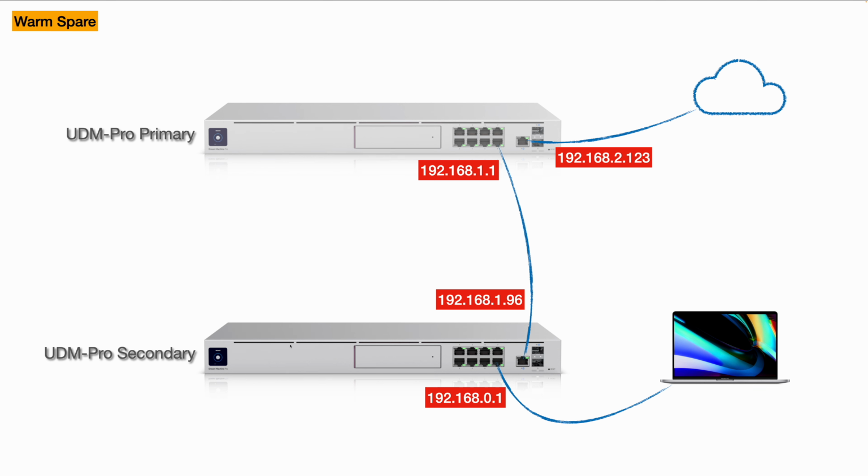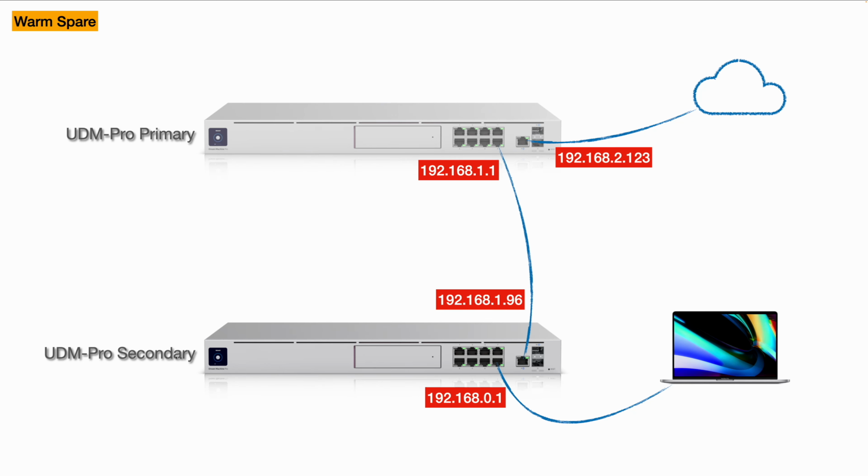So the ideal situation is the secondary UDM Pro should be active in normal operation. It can do load balancing. The two UDM Pros can work together so that they can distribute the workload. That's the ideal situation. Of course, this is just the first release of the high availability for UniFi gateways. I hope in the near future, Ubiquiti can add the load balancing feature.